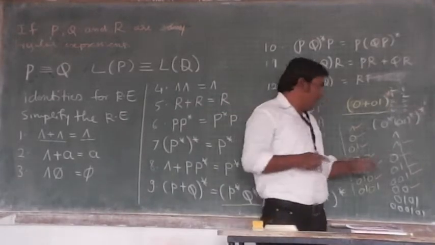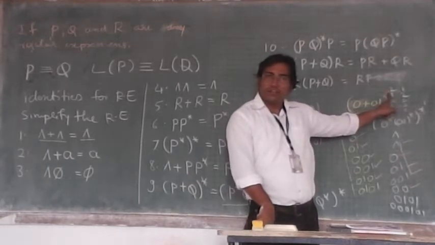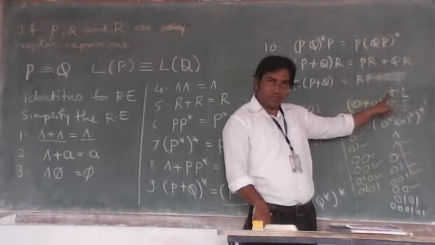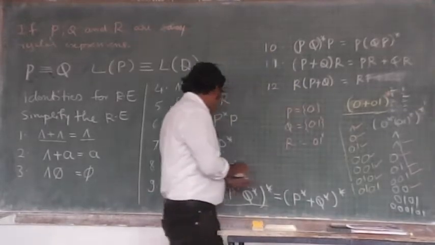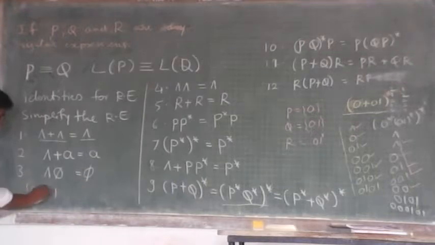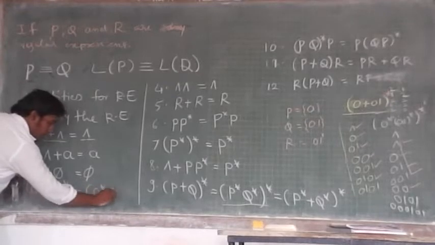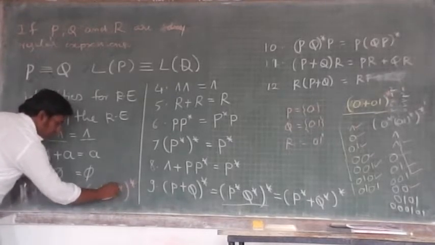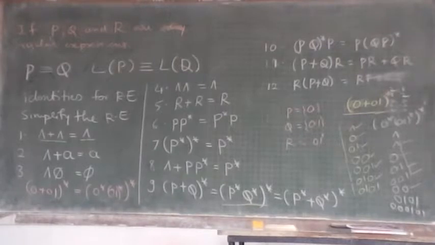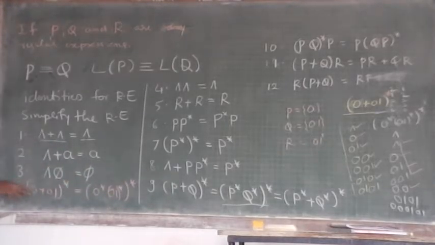See, there is another simple way to look at these two regular expressions. 0 star 0 plus 0 1 whole star is equivalent to 0 star 0 1 whole star. So can you look at this regular expression like this? See, the star is outside, common to these two regular expressions.